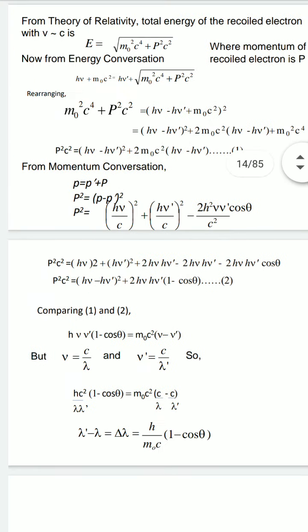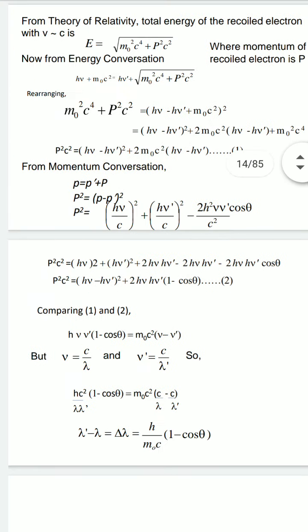The h nu minus h nu dash whole square term in both right-hand sides will cancel by equating the right-hand side of equations 1 and 2. So we will remain with this equation.